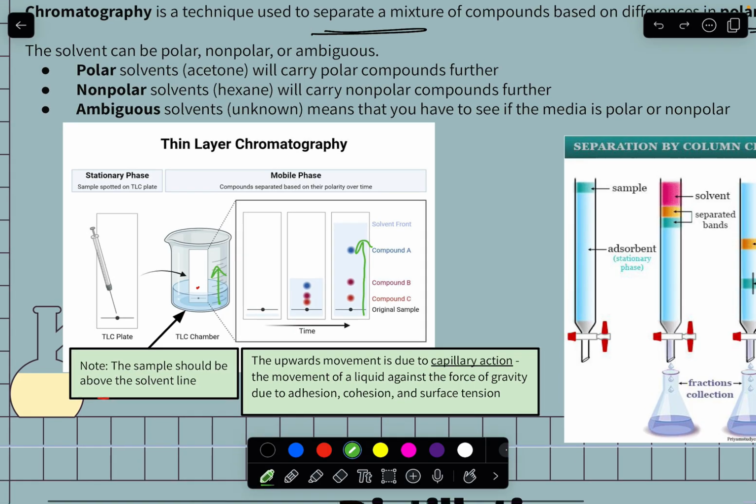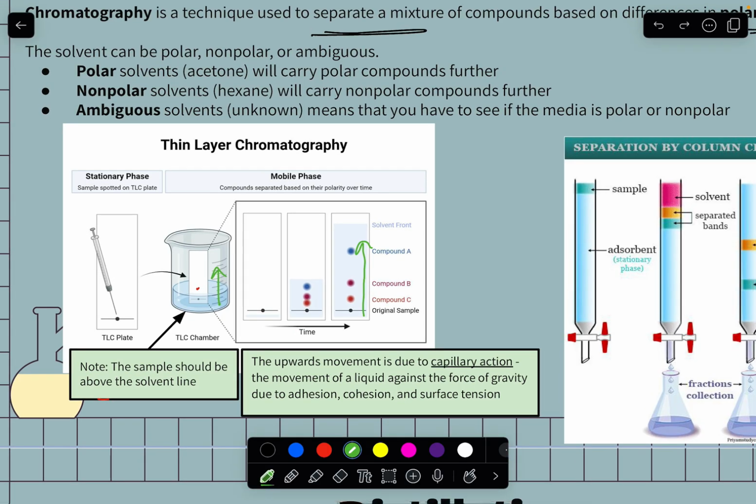Based on our solvent, we can determine what our compound is made of. A polar solvent, like acetone, will carry polar compounds up. For this example down here, if we had a polar solvent, then our blue dot up here, compound A, would be the most polar.